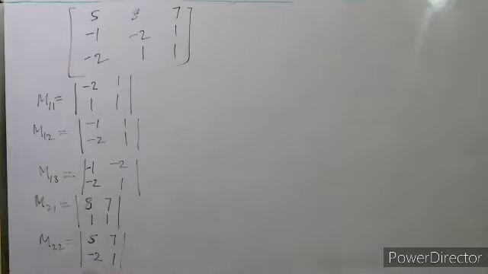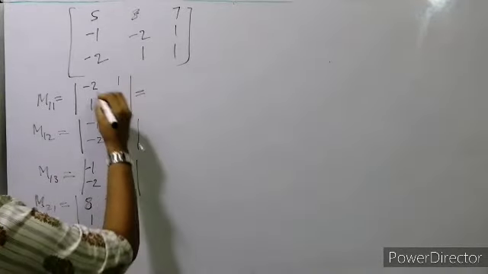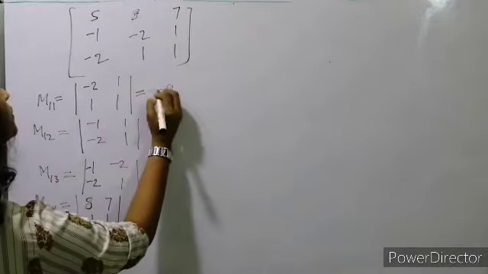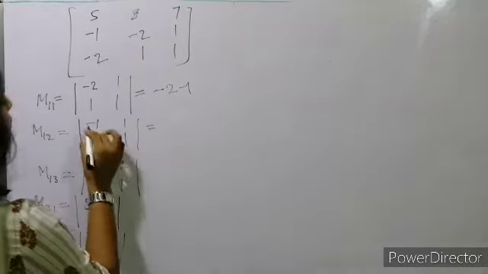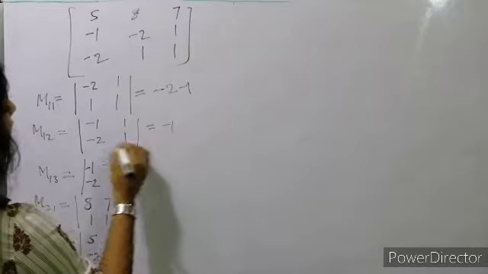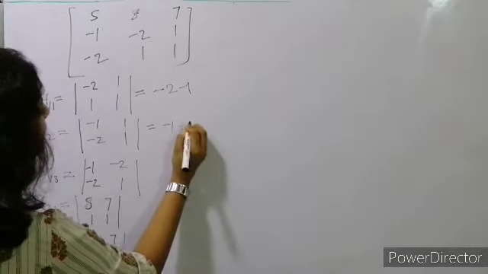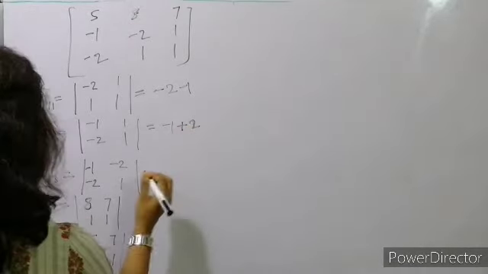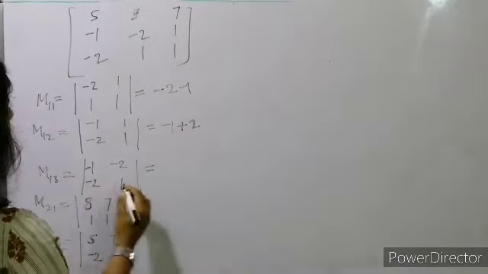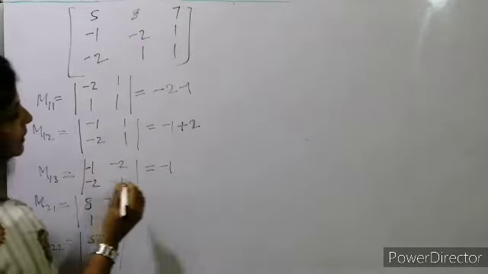Okay, so we'll find out the values and then we'll move forward. Minus 2 into 1, minus 2, and minus 1 into 1, minus 1, minus 2 into 1, minus 2. So minus 2 will be plus 2. Okay, now minus 1 into 1, minus 1, minus 2 into minus 2 plus 4.